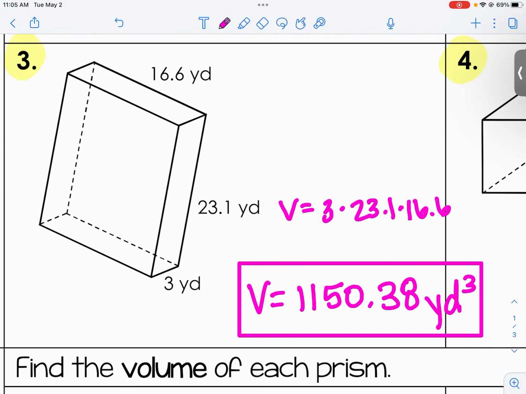Okay, amazing. Tyler, how about for number 4? What's your volume? 9,248. Is that what you said? You sort of mumbled. 924 inches cube.